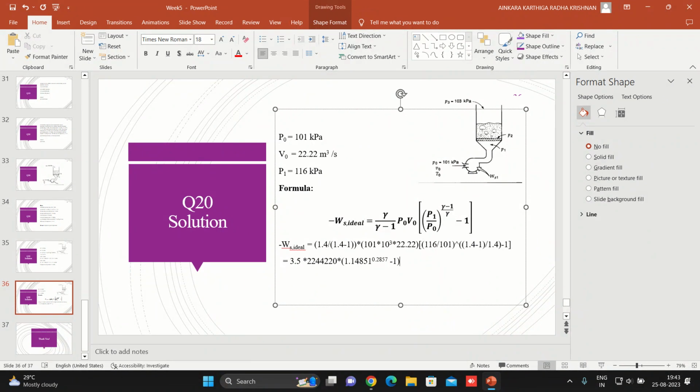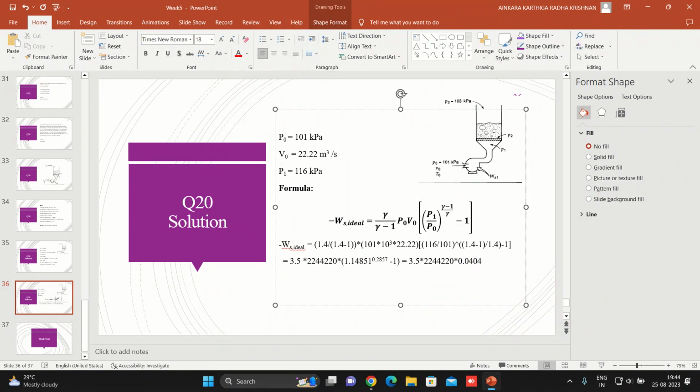1.14851 power 0.2857, minus 1, that is giving 0.0404.